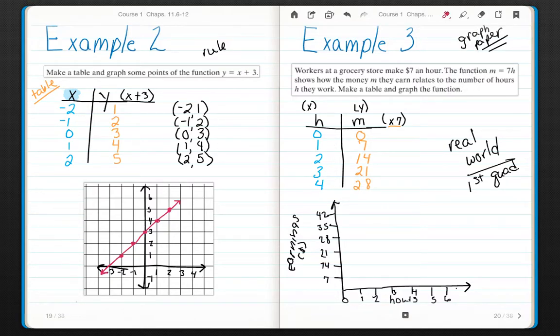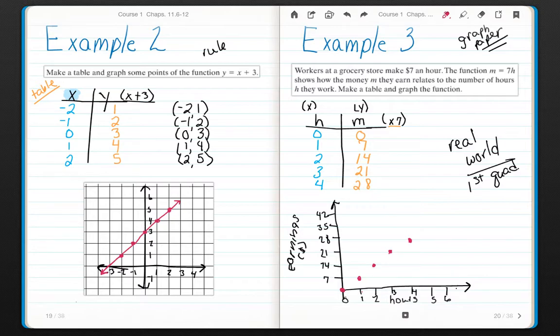And now I'm going to plot my points. So 0, 0, 1 hour, $7, 2 hours, $14, 3 hours, $21, 4 hours, $28. Okay, and even though my increments are not by ones, because they're the same, I still get this nice straight line, which I didn't make go through any of my points.